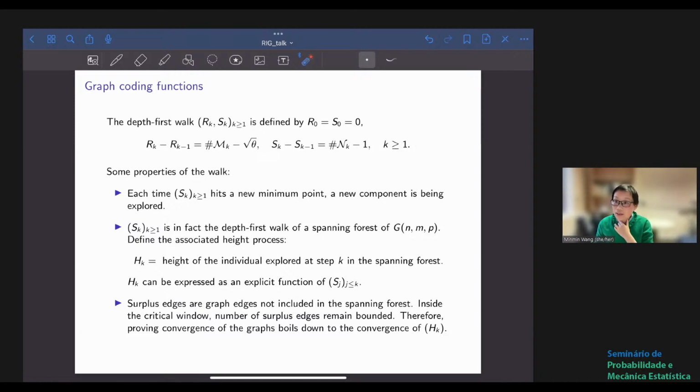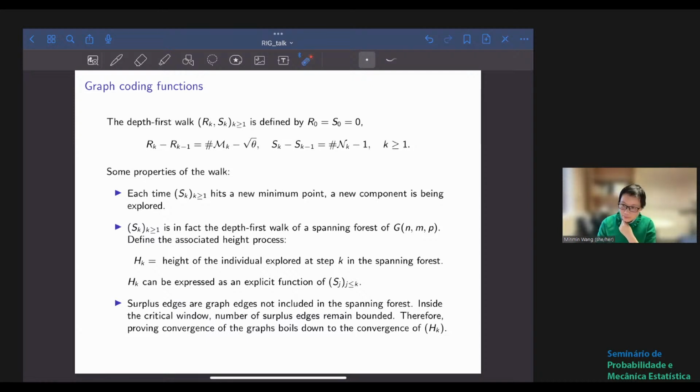Some nice properties of this depth first walk. The first thing we realize is that each time your S_k hits a new minimum point, it means that you're going to a new component of the graph. So by just keeping track of the infimum of your S_k, you know how many components you have explored.